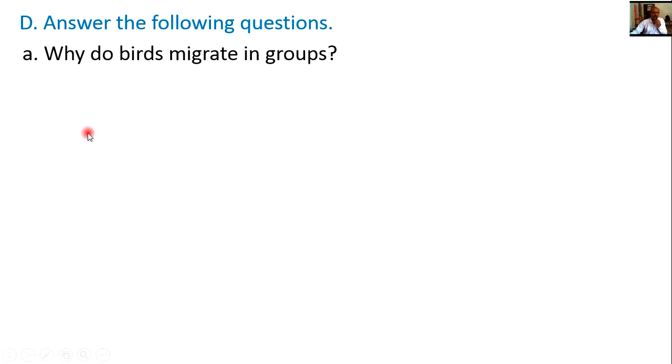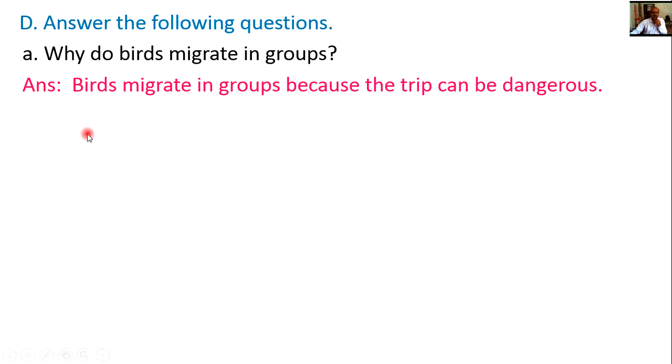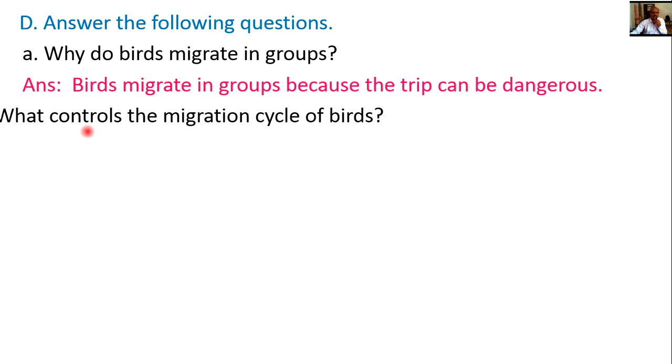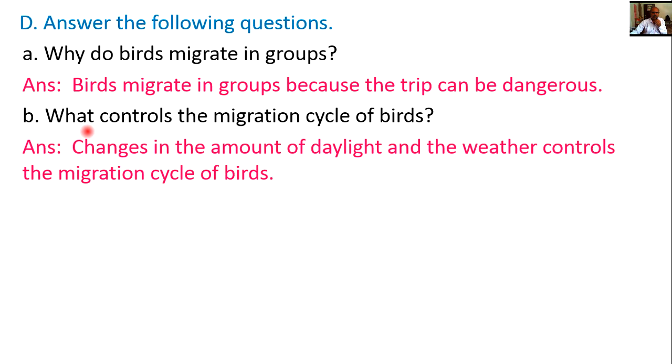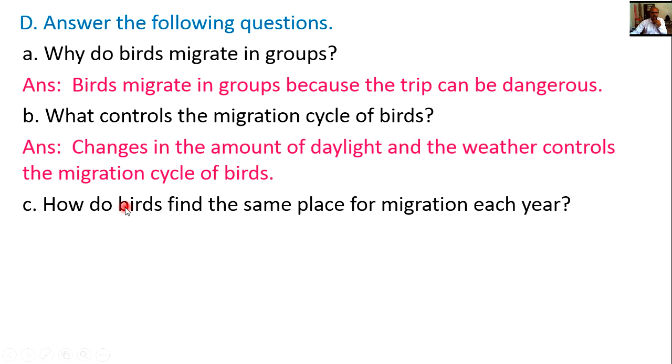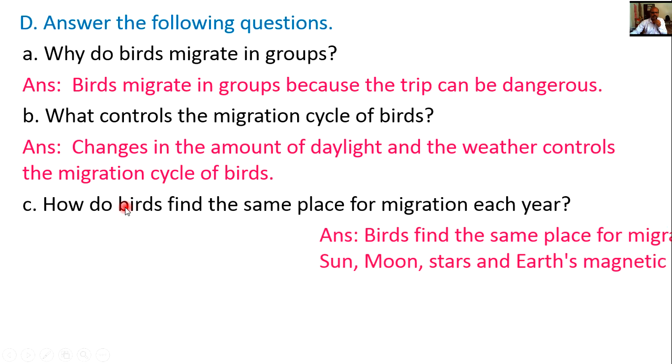Here, answer the following questions. Why do birds migrate in groups? Birds migrate in groups because the trip can be dangerous. Now, what controlled the migration cycle of birds? Changes in amount of daylight and weather control the migration cycle of birds. How do birds find the same place for migration each year?